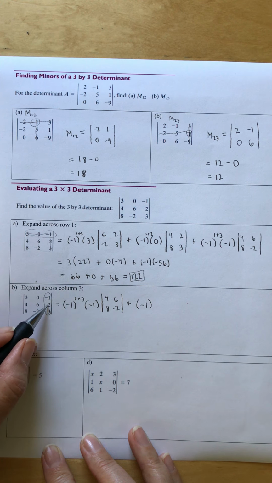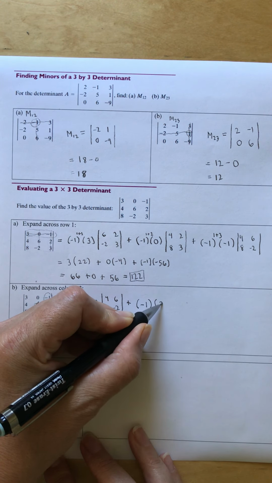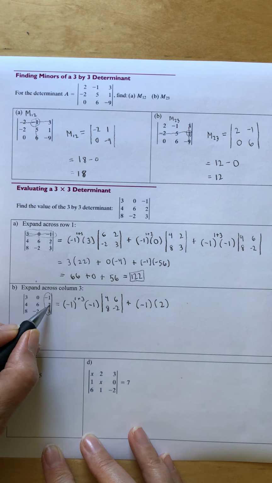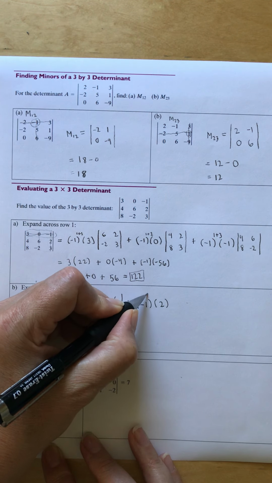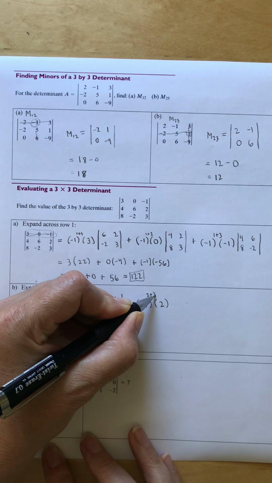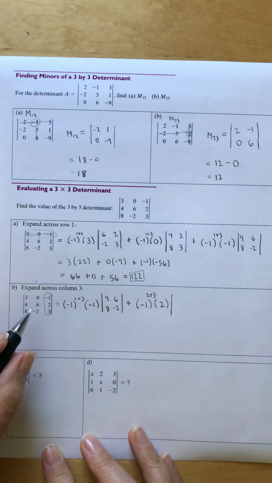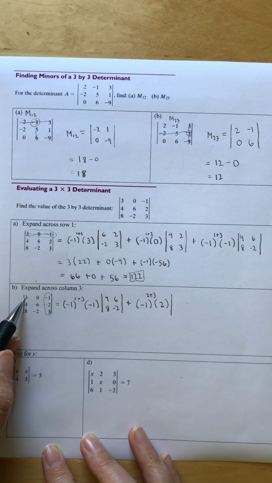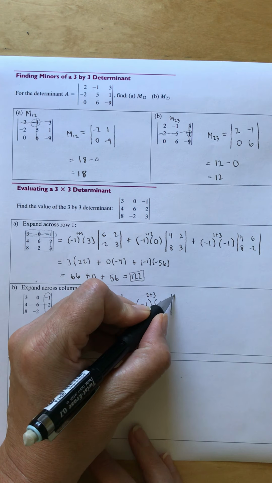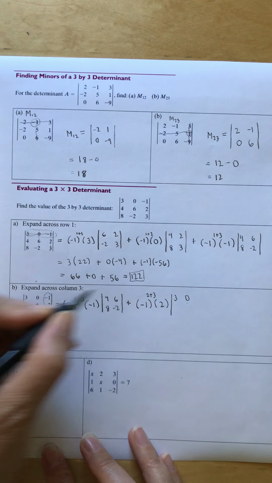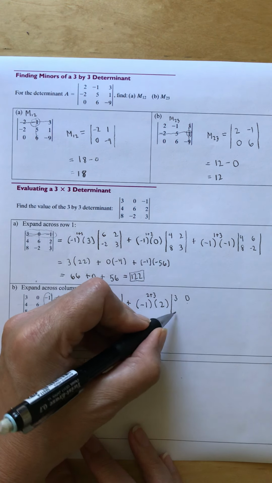-1 raised to the, I'm going to use the 2 next, and that 2 is in row 2, column 3. If I cross out row 2 and column 3, the determinant that's left is 3, 0, 8, negative 2.